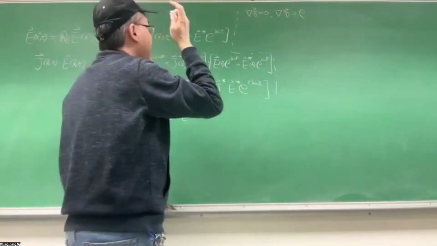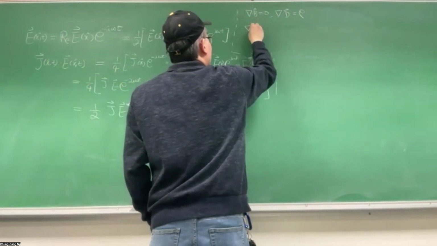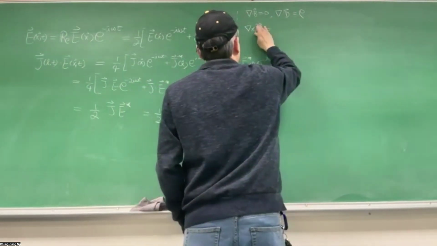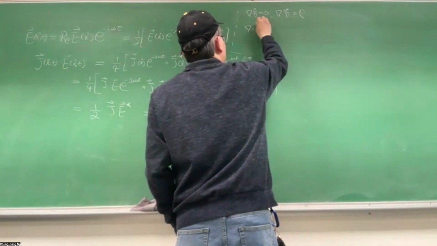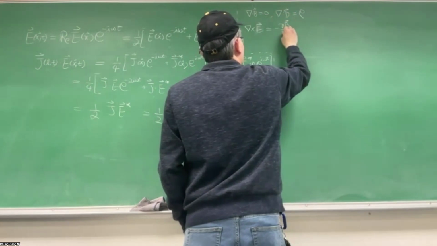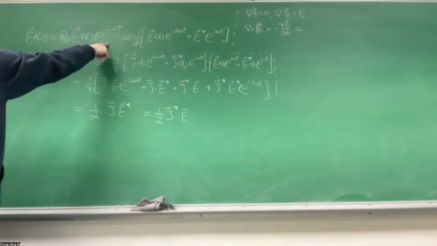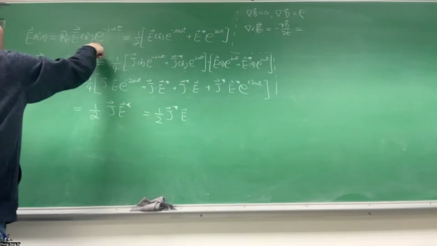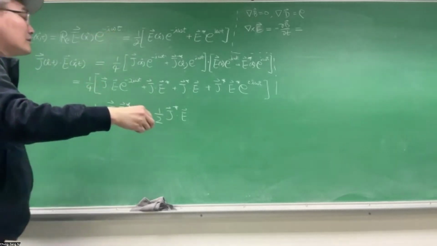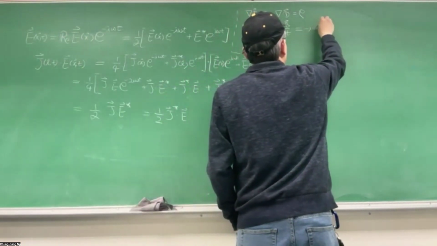Now Faraday's law: curl E is minus partial B partial T. Because of the single frequency, you take the partial derivative with respect to T and pull out a minus I omega factor.